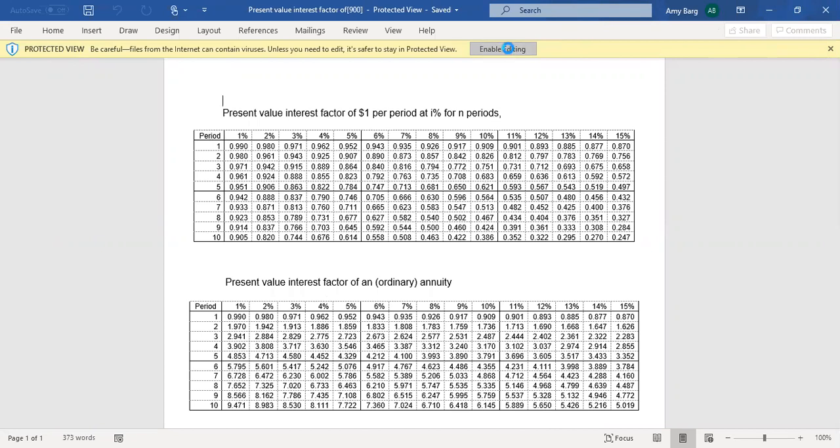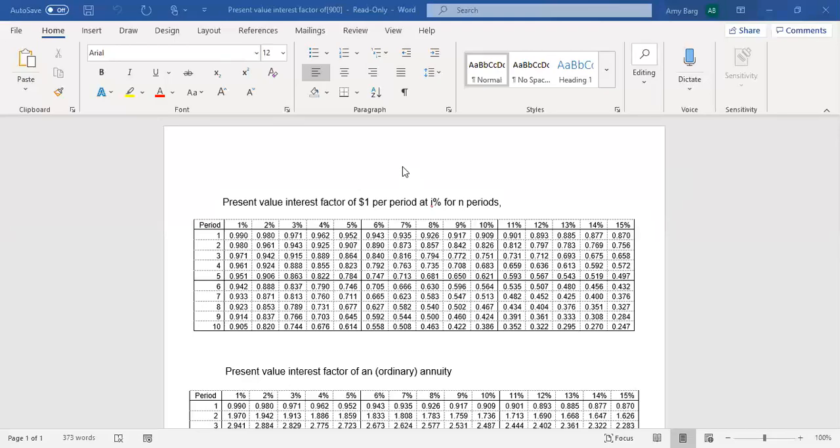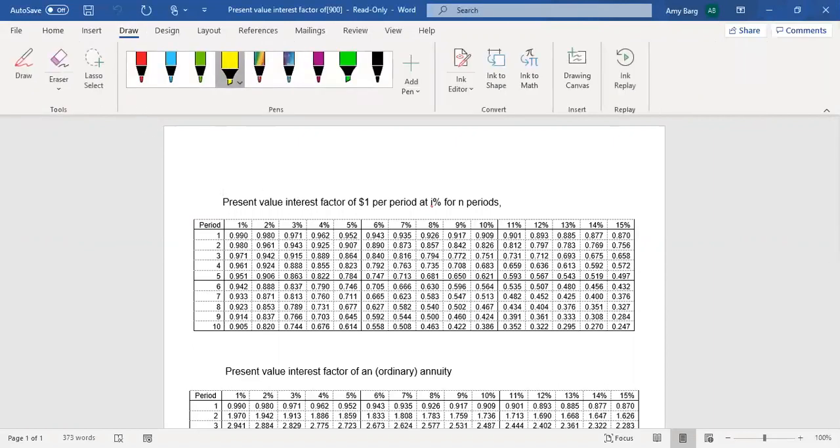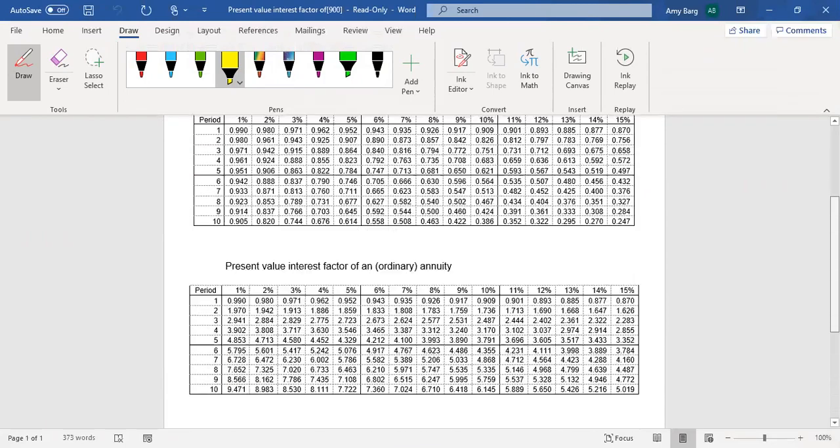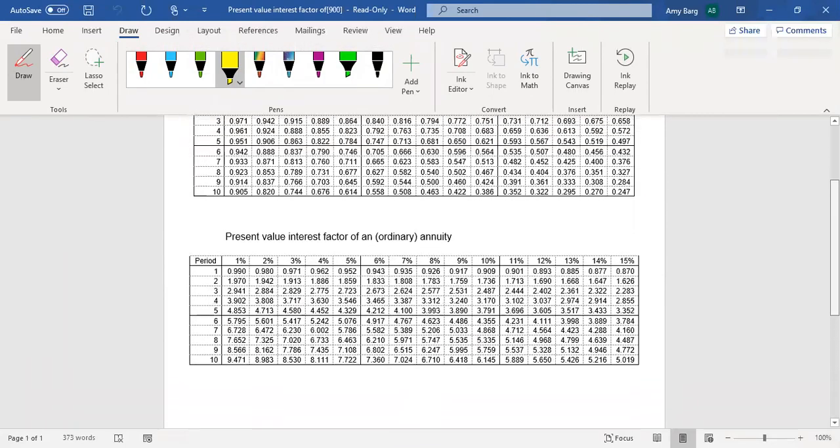Okay, sorry. Share screen, present value, share. Okay, so for this one, we would take the ordinary annuity table because it's the every year thing, right?